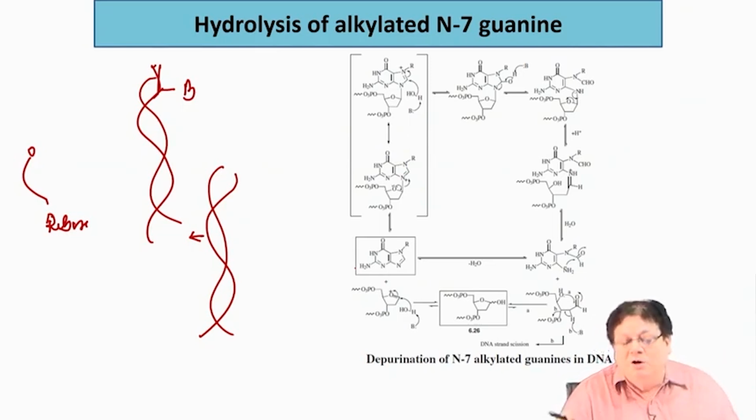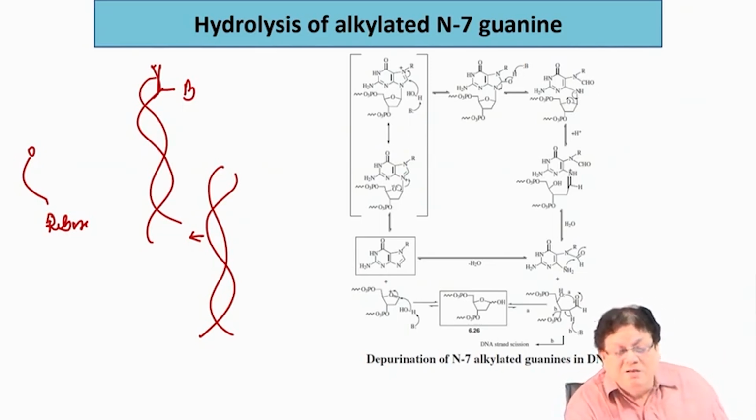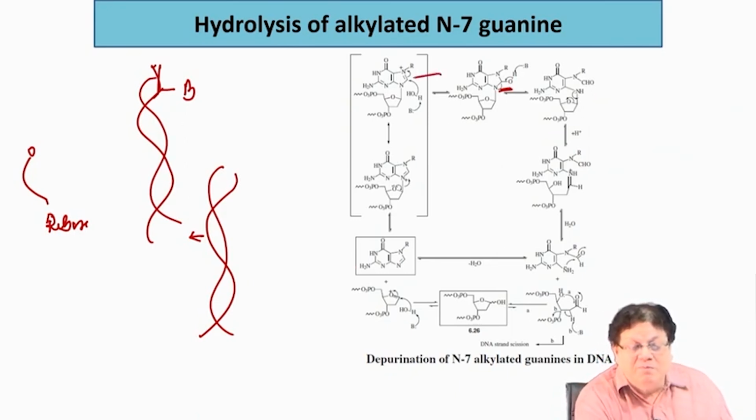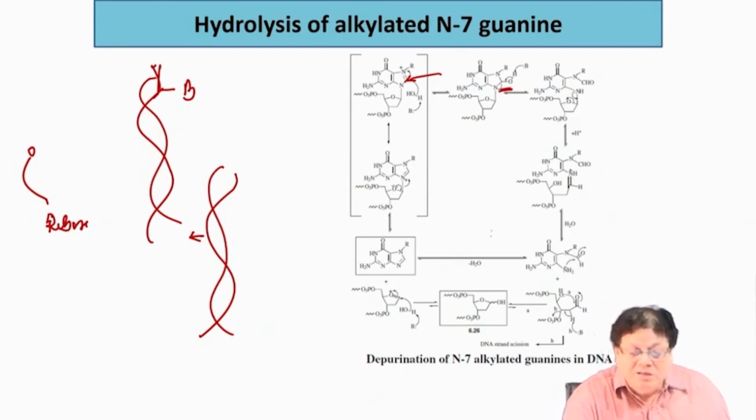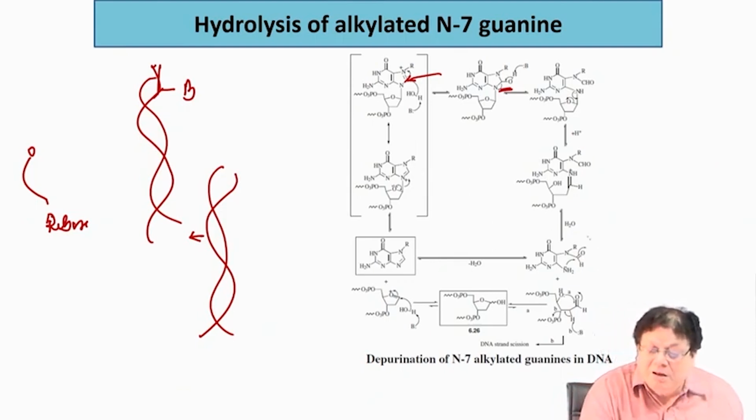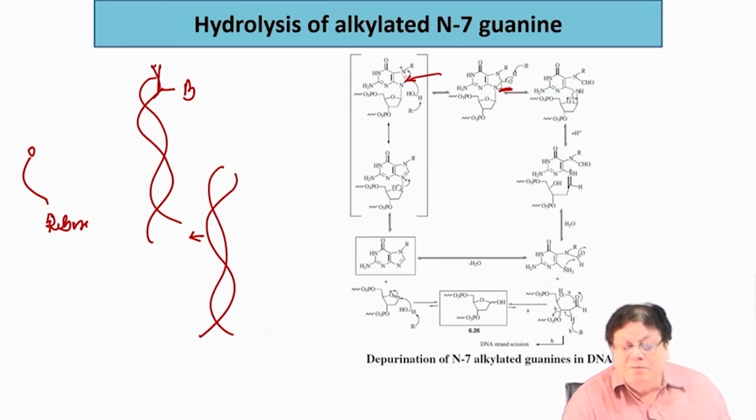Here the base is not present, means piperidine is not present. So, what happens after the alkylation, N plus, water comes and attacks this carbon, which ultimately results in the removal of the base.